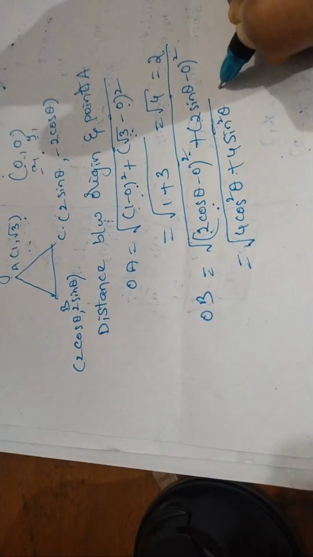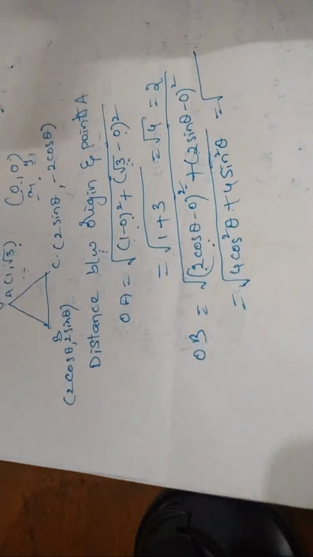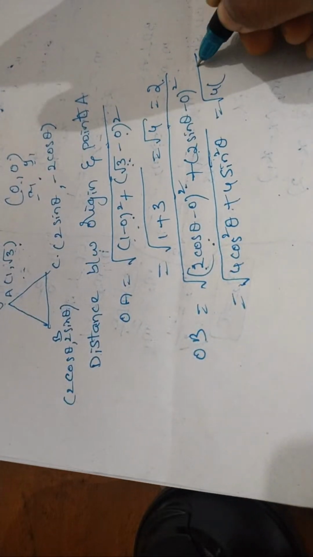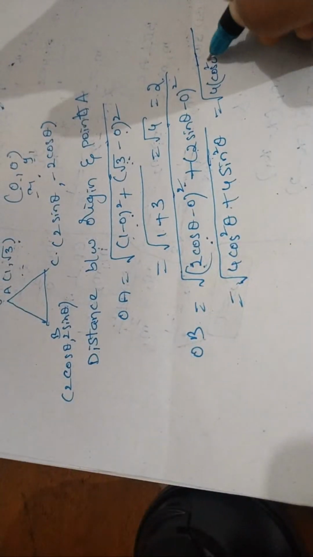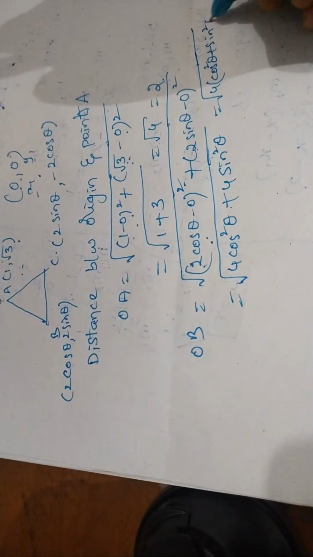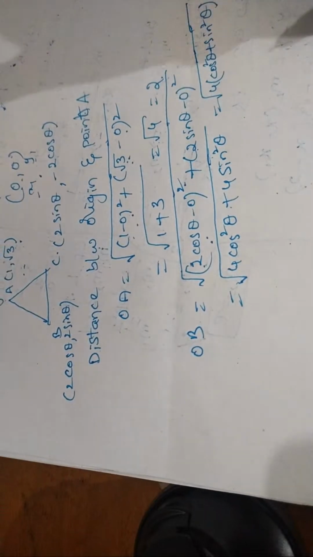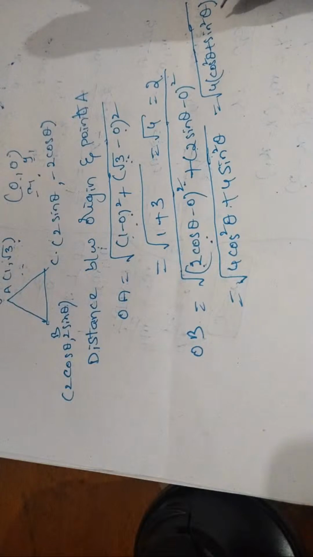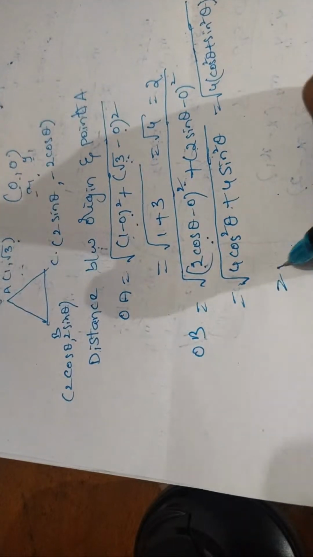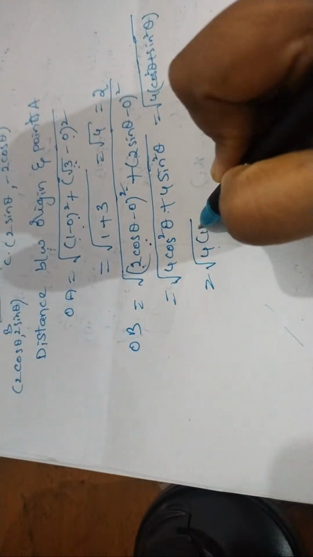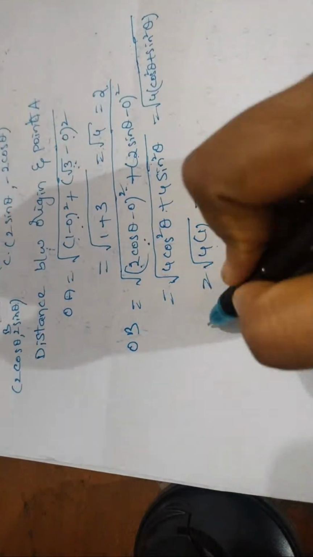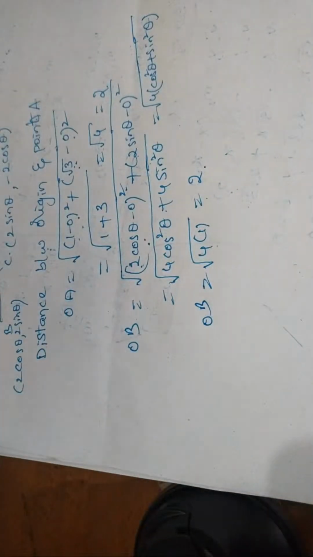Take 4 as common and write the remaining cos square theta plus sin square theta. What is the value of cos square theta plus sin square theta? 1. So root of 4 into 1 is 2. The distance between O and B is 2.